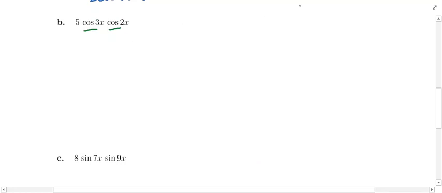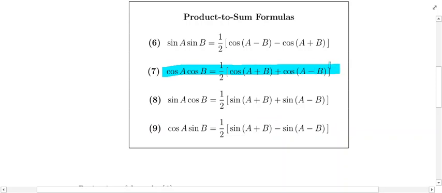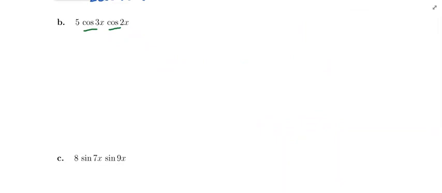Okay, so I'm going to go back to the page before. Okay, and I'm going to scan these guys to see which one I should use. Okay, and in looking at these, I need formula number 7 here because this is the one that has cosine times cosine. Okay, so I'm going to go back to my work and I'm going to jot down this particular identity.